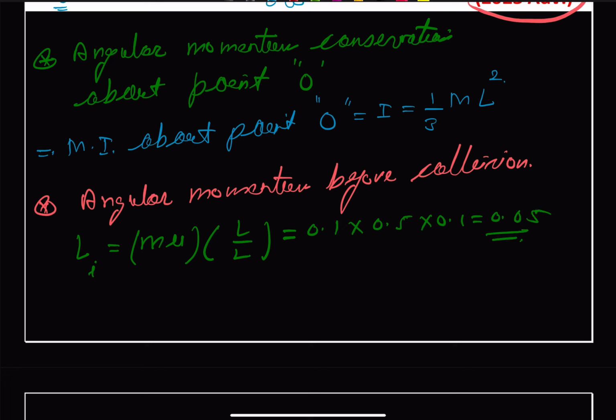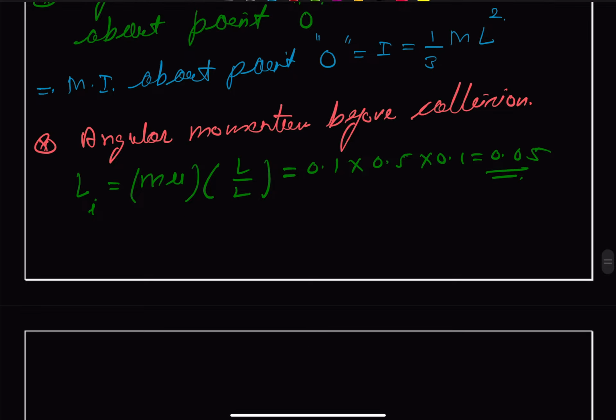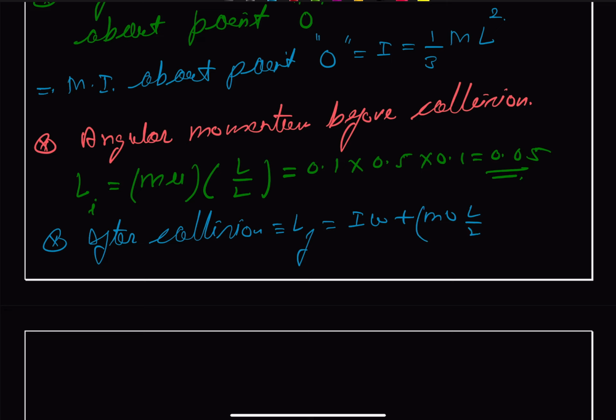And after collision, let us call this our L final, will be equal to rod is moving I omega plus our mass is also moving, that is m v upon L by 2.